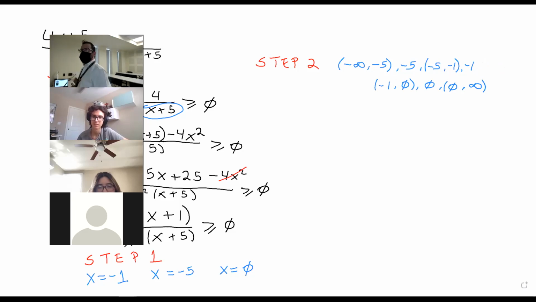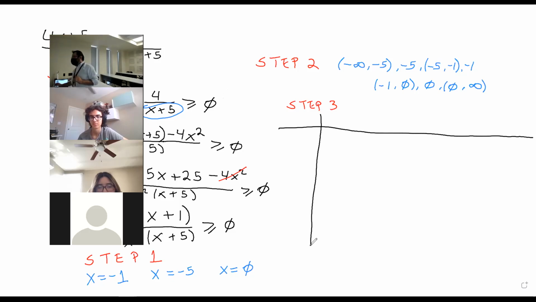Step 3 is going to be the sign chart. And for the sign chart, we're going to establish the intervals here. We're going to go from minus infinite to minus 5.